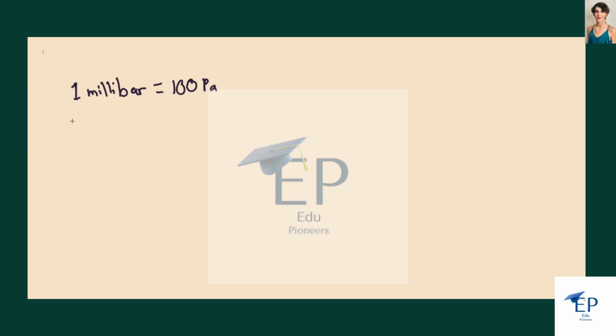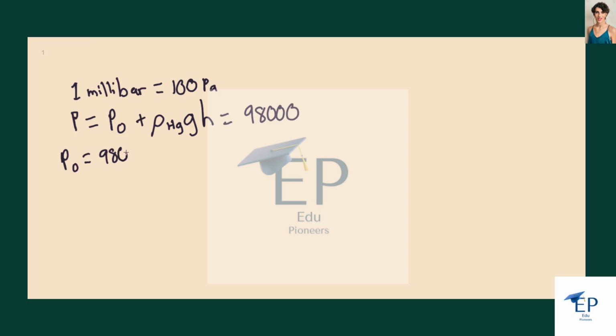So essentially, if we are finding absolute pressure, this is going to be P equals P sub O, which is atmospheric pressure, plus the density of mercury times the acceleration due to gravity times the height or the depth of this manometer. Here, P sub O is simply going to be 980 millibars, and we need to convert this into pascals.